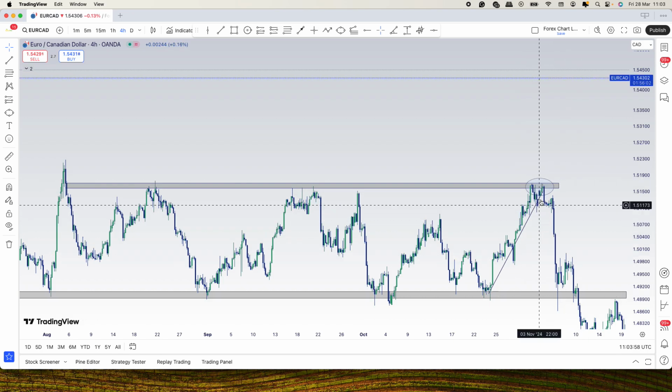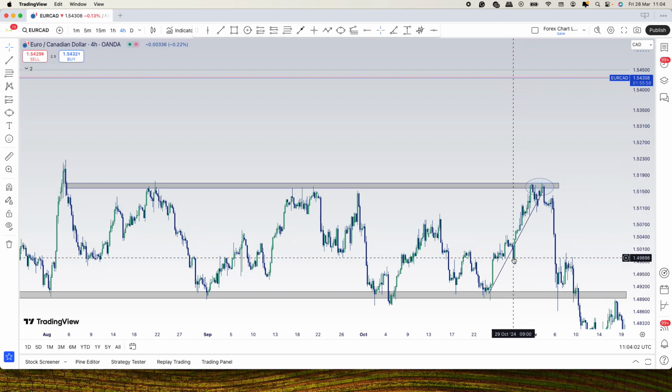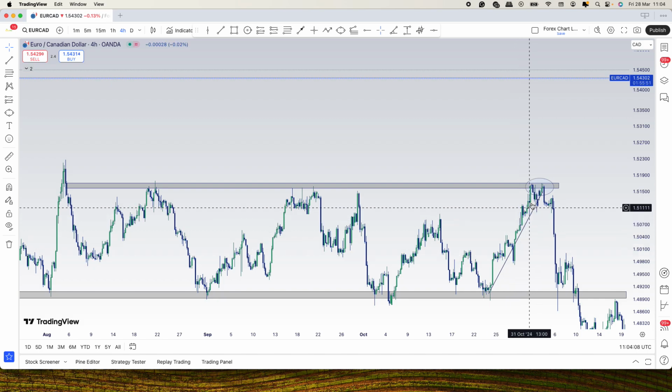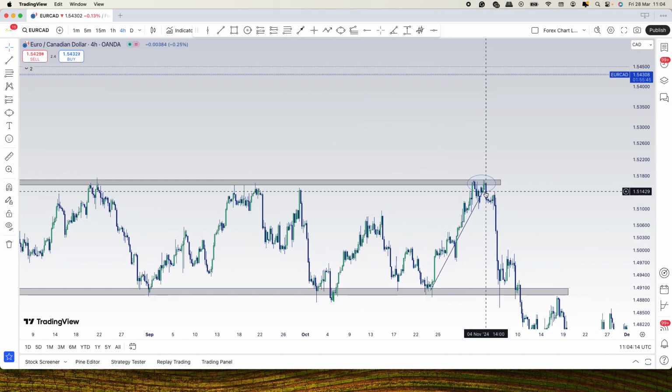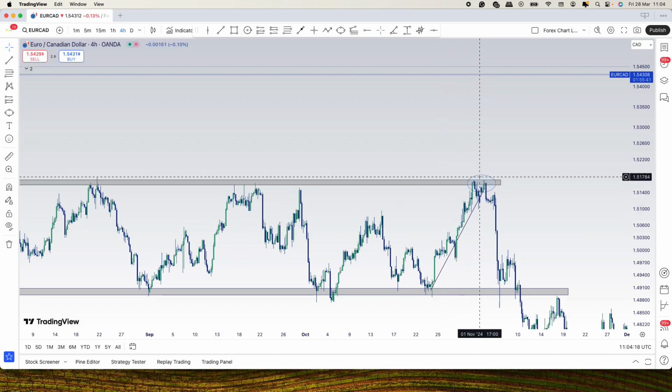We get a trend line break. So we've got a few different bits of confluence here. We've got a trend line break, a very, very strong uptrend that's now broken. We've got a double top at this level of resistance, and then we have a very, very strong engulfing candle at that level as well.